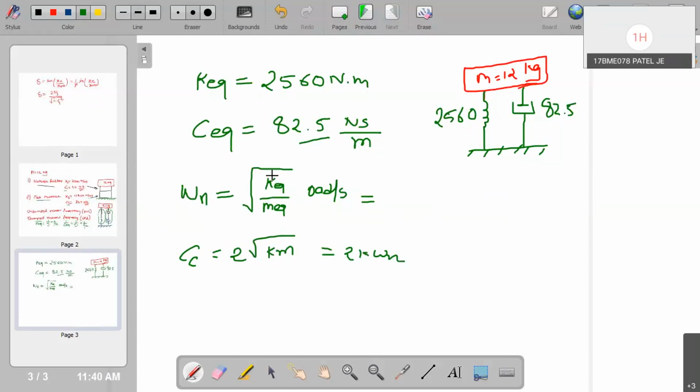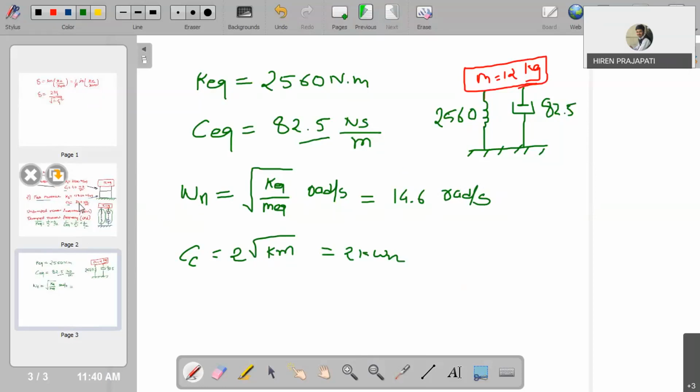Fine. So this is the natural frequency equation for any spring mass system. Just put these two values and find the answer. So we'll get 14.6 radian per second. Right?